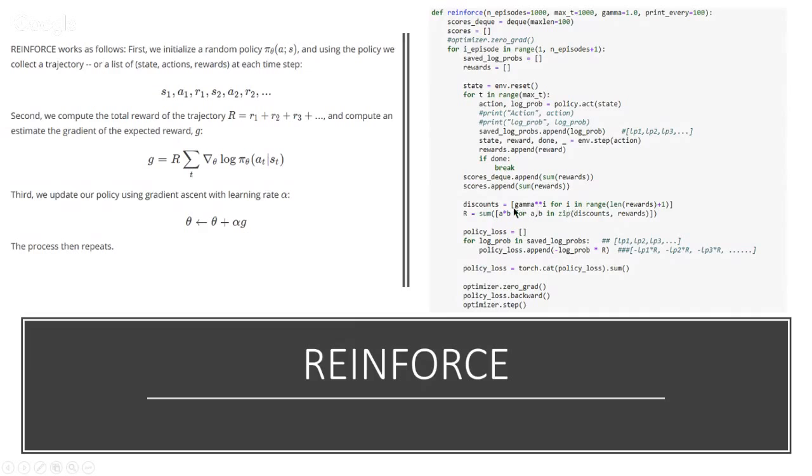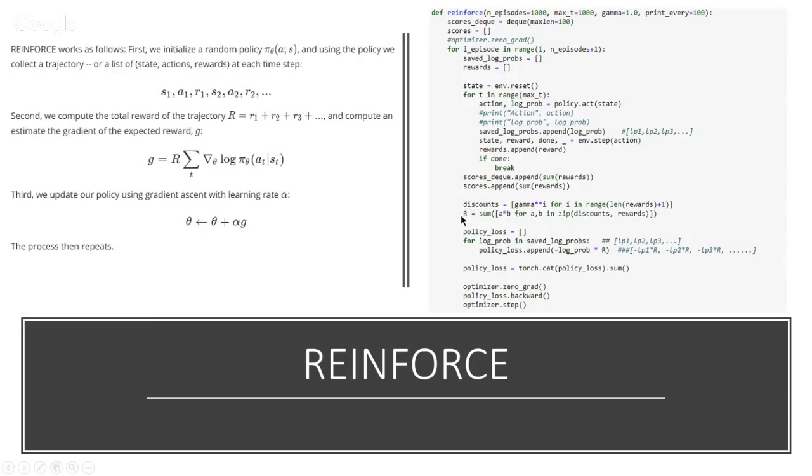We create a list of gamma to the power i, and then multiply them with each r, and then sum it. So this is gamma to the power 0, which is 1, so 1 times r1, plus gamma to the power 1 times r2, plus gamma square times r3, and so on. So we are discounting it and then summing it.